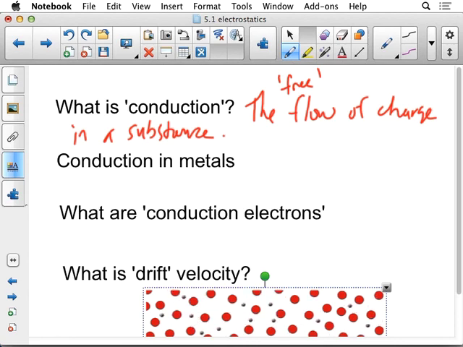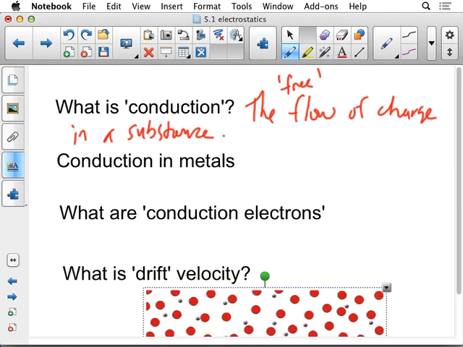Okay? And so when charge can flow in a material, we say that the material conducts the charge, allowing it to be led from one point to another. Okay? And I call it the free flow of charge because if it's not flowing very easily, well, then we would say it's not a very good conductor of charge.